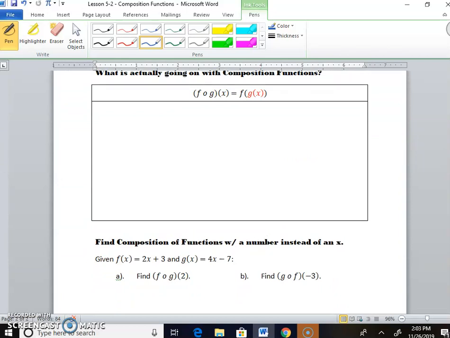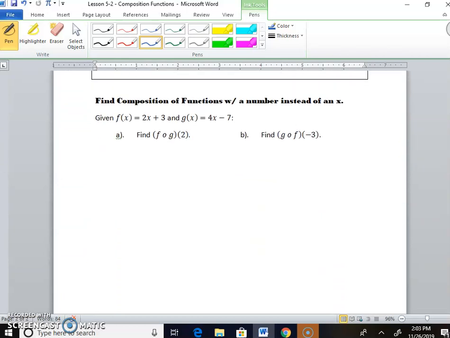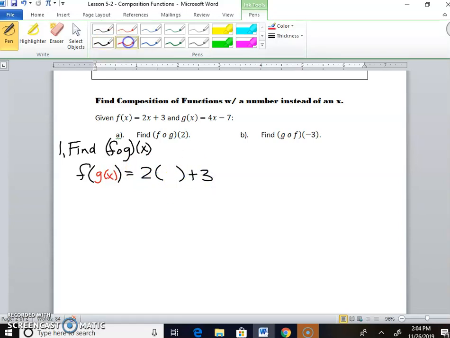Okay, so we have a couple examples down below here. F open circle g of 2, g open circle f of negative 3. So again, what you guys can do, find f open circle g of x first. That'd be my step 1, find that. Okay, so I've got f of g of x, and my f function is 2 times x plus 3.